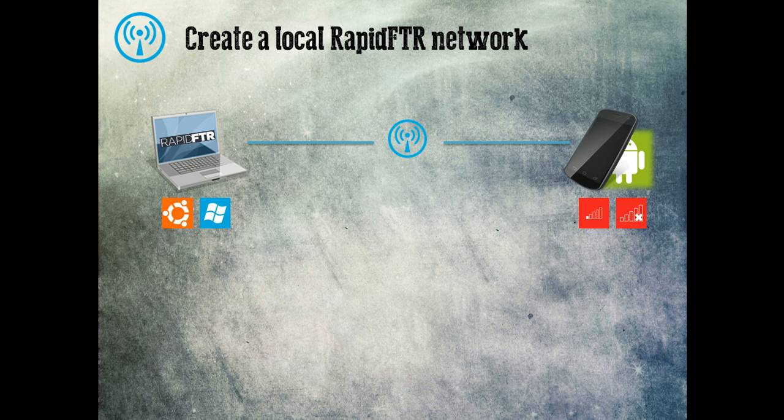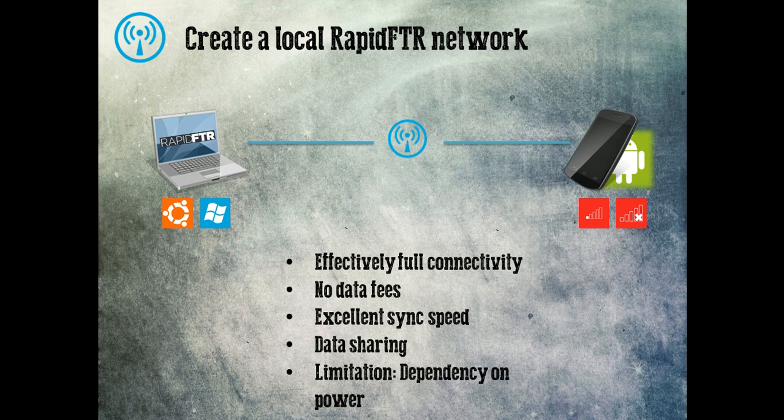In this scenario, you'd effectively have a little netbook, a little Wi-Fi router, and phones connecting within the same local area, and effectively you would give all the people in that area full connectivity. So you won't need any reliance on the internet. You can do without the internet, but have your own local RapidFTR network running.